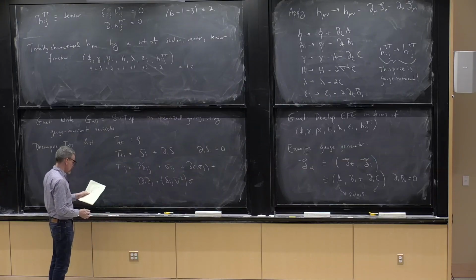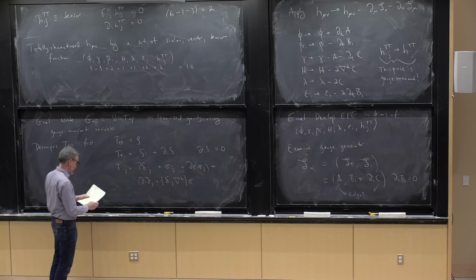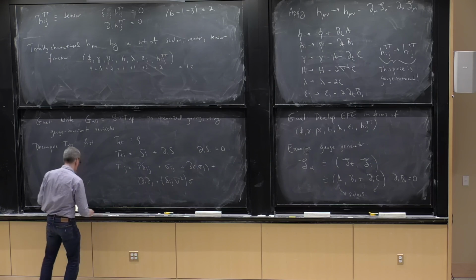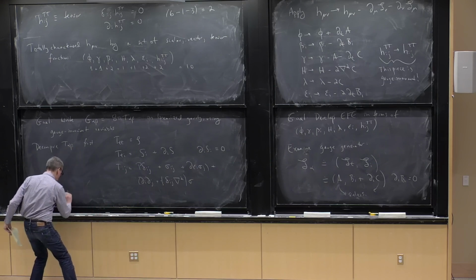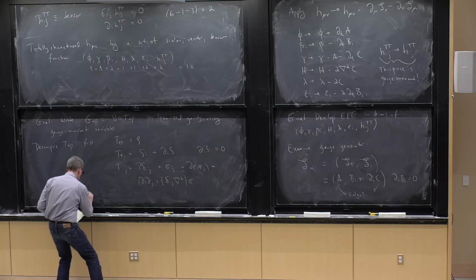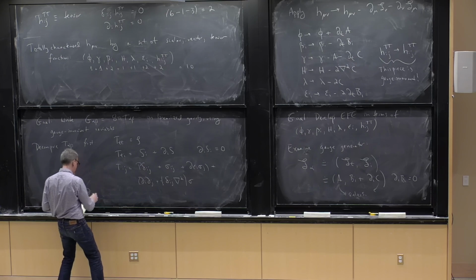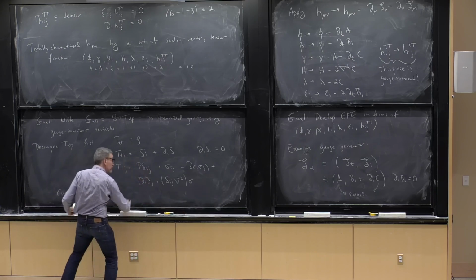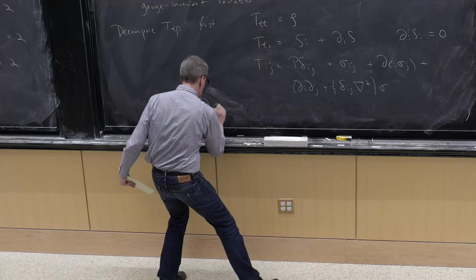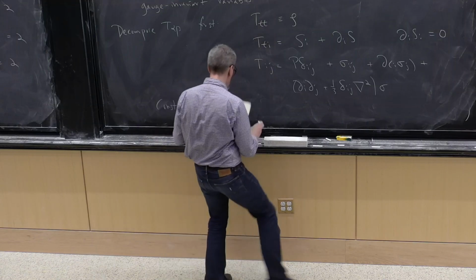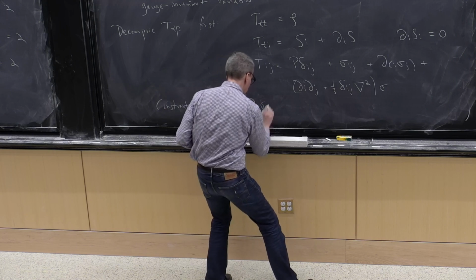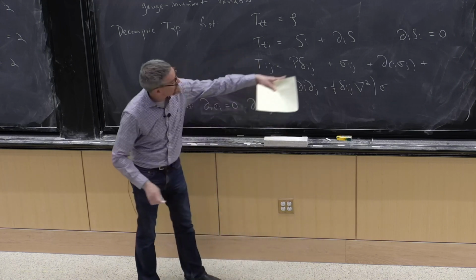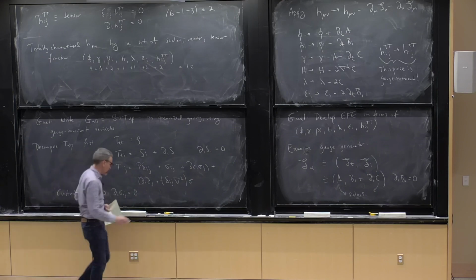Okay. So I'm going to want to introduce a couple of constraints here. I'm going to require that the divergence of sigma ij be equal to 0.